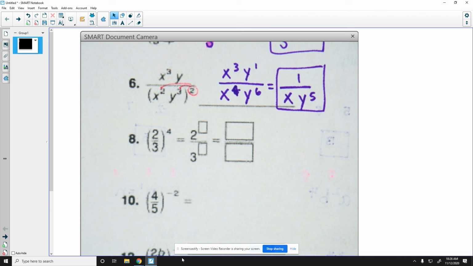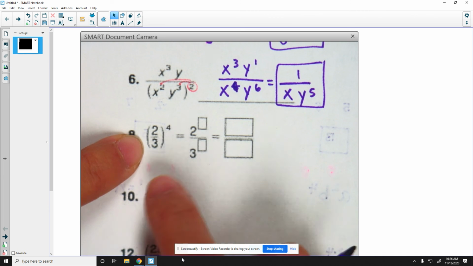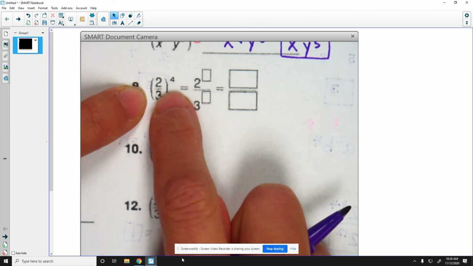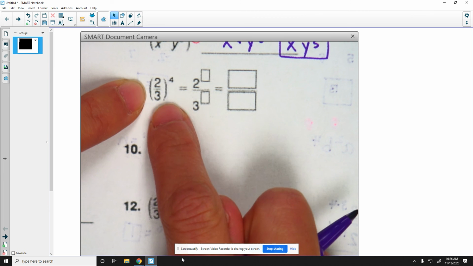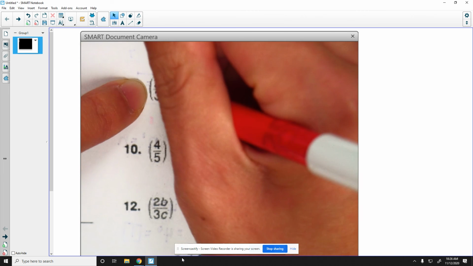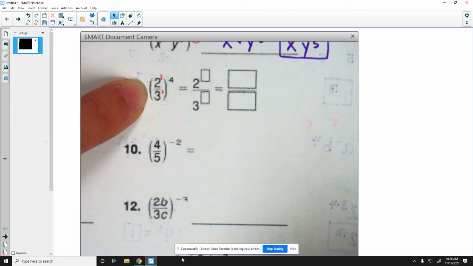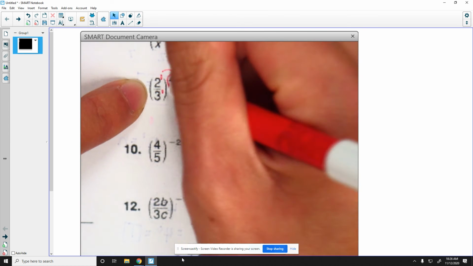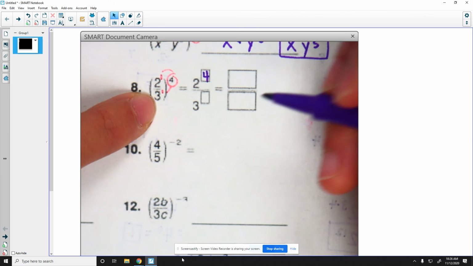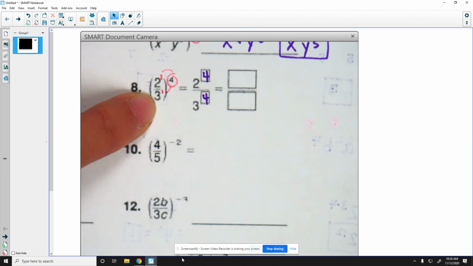Okay, last thing I want to show you is, yes, Tessa? I have a fraction. Okay, if I have a fraction, here's the rule. Same thing. If you don't have exponents, put exponents in there, and then take the outer exponent and multiply. So I have 2 to the 1 times 4 is 4. 3 to the 1 times 4 is 4.